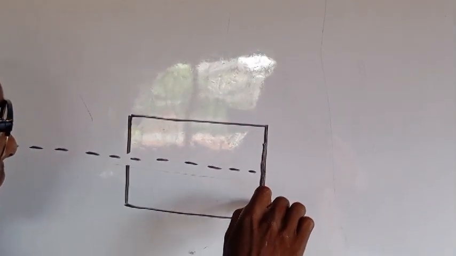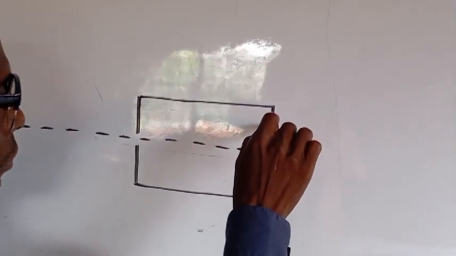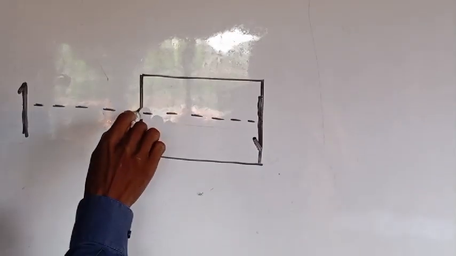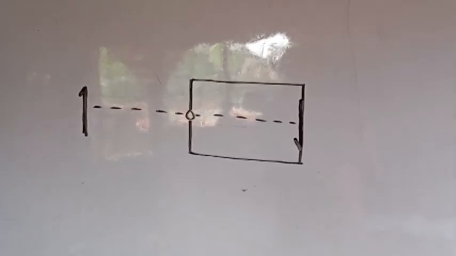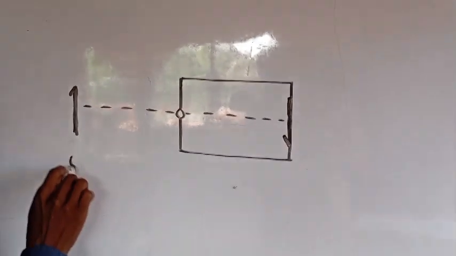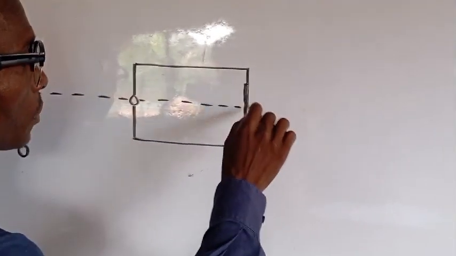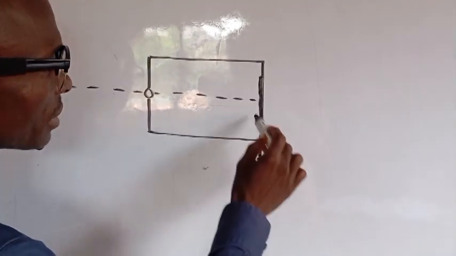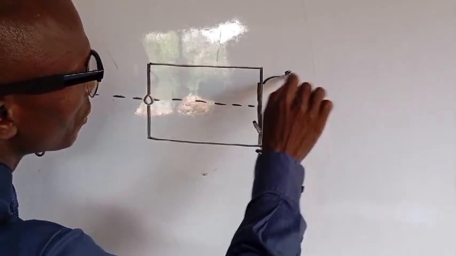This is the hole. And now this is the object. Now you see here, here stands as what? The image. Look at the image. This is where the image forms. This is the screen.